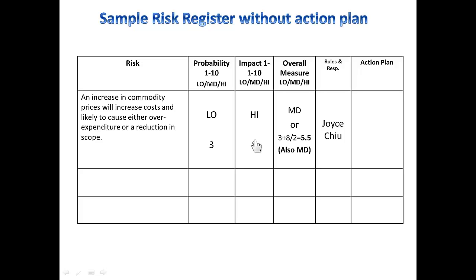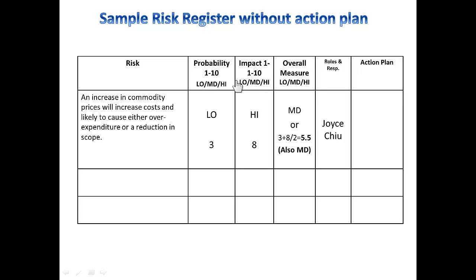How bad would it be if this risk were to become a reality, if it were to become an issue? We set a qualitative scale of low, medium, high, and a numeric scale of 1 to 10, with number 1 being the lowest possible probability or lowest impact, and 10 being the highest probability or highest impact.